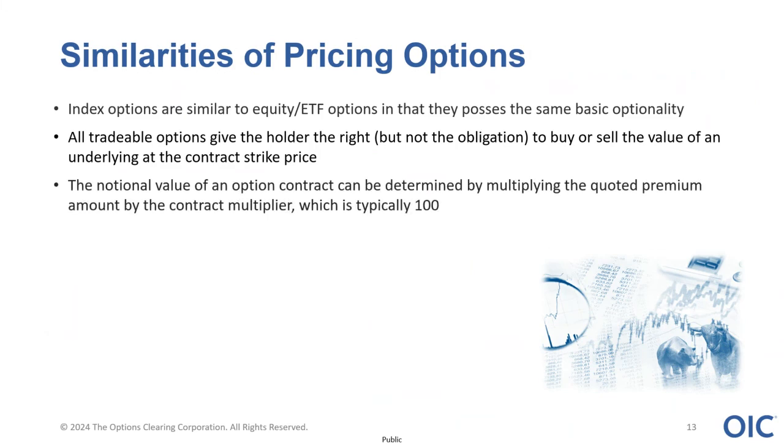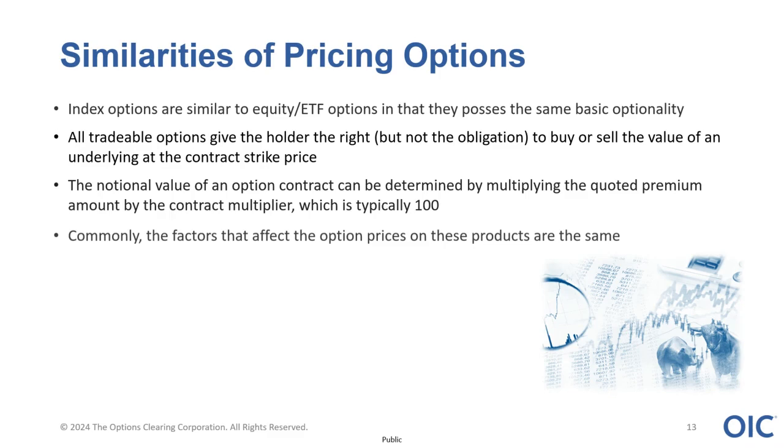Now, the notional value of an option contract can be determined by multiplying the quoted premium, how much the option is trading for, by the multiplier. Generally speaking, the multiplier is 100. We're going to get to this a little bit later on when I give you some actual examples of how this works. Commonly, the factors that affect option prices in indexes and ETFs are the same as you would find in an equity option.